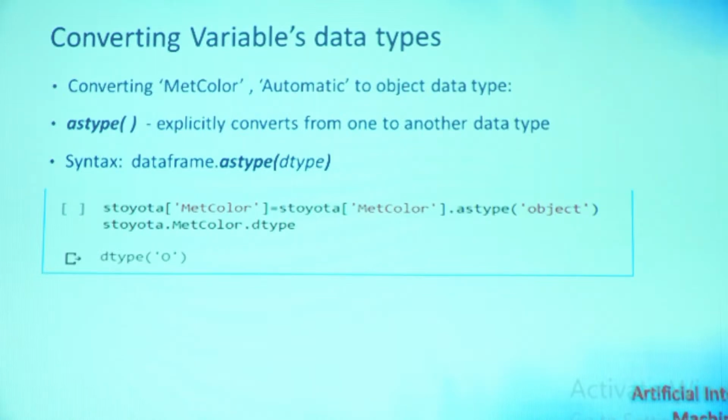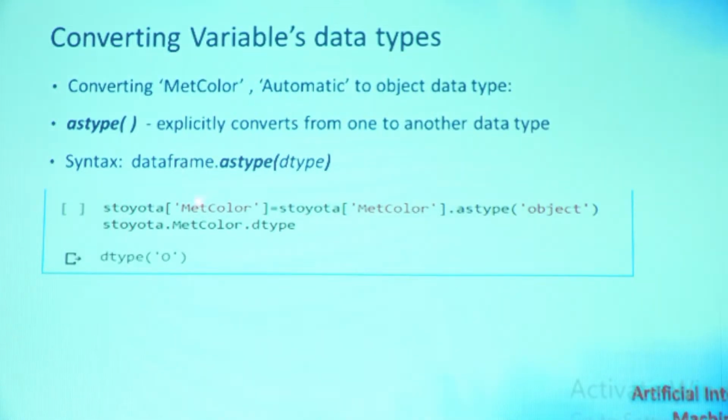You should be doing automatic also. You didn't ask me why I am changing this. There were no missing values there. Yes, because it's a category. It should be in categorical form, but it was showing as an int or a float value. Int value probably, I think 0 and 1, right? So int value, I can't work with that. It's categorical data.